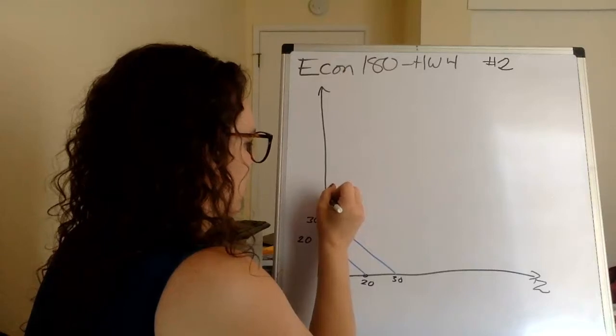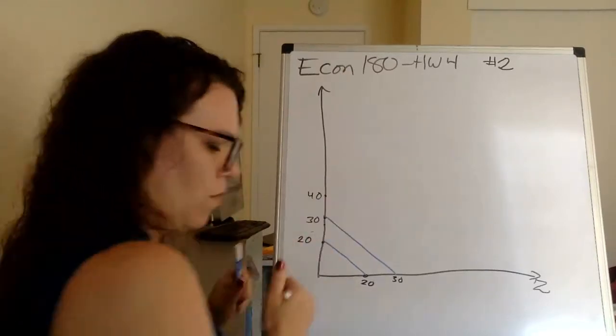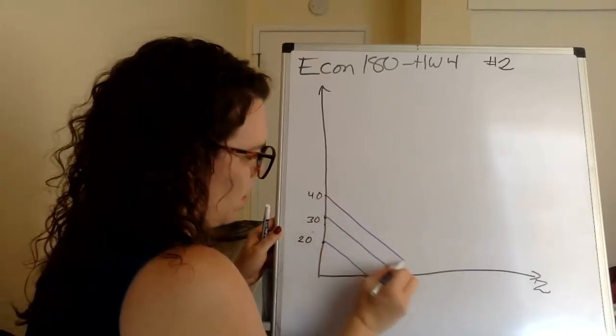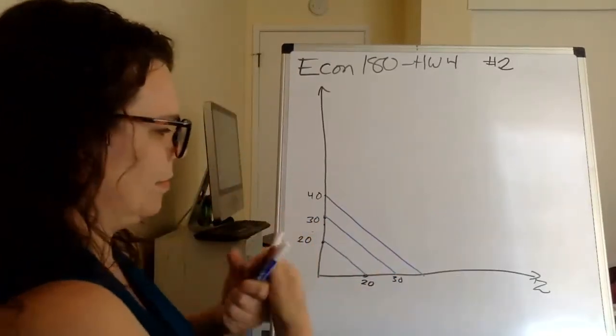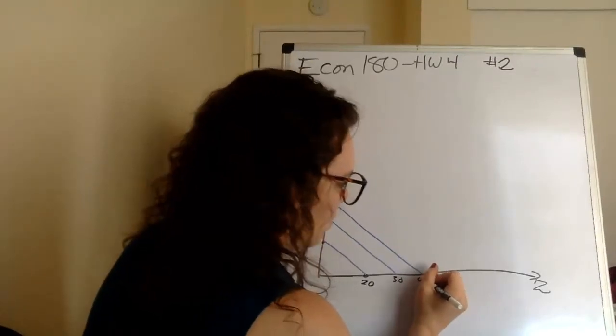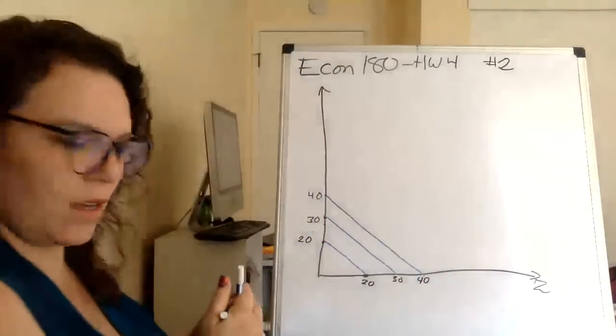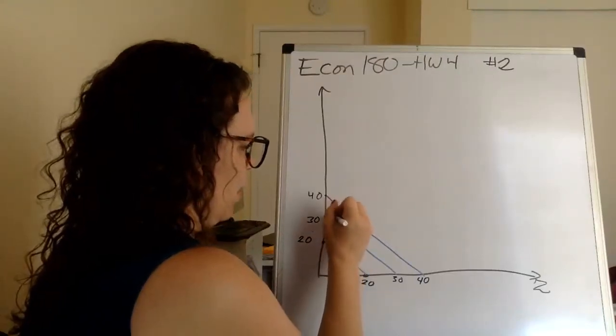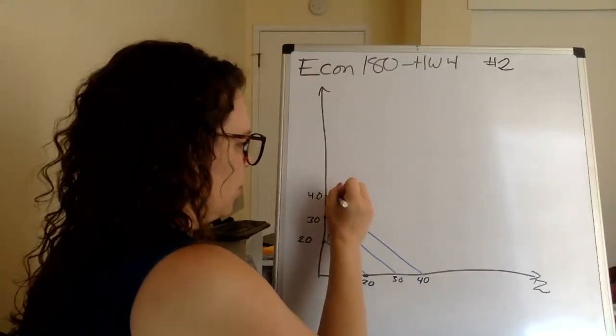And then the next one is going to be 40, 40. So those are my 3 demand curves for consumer 3, consumer 2, and consumer 1.